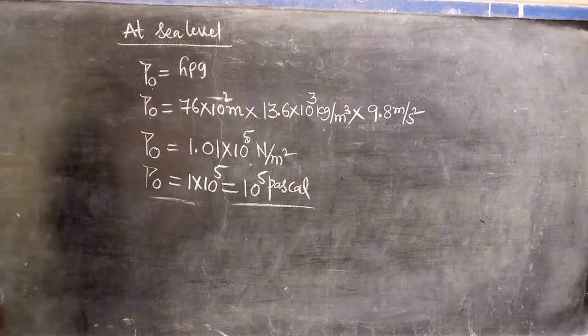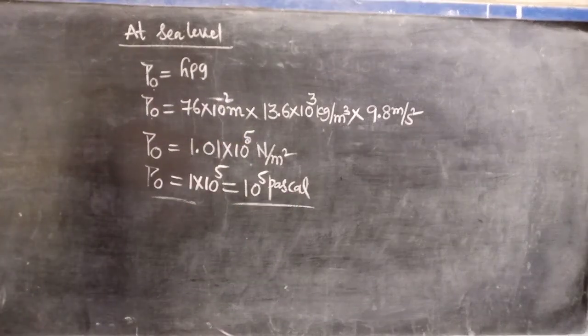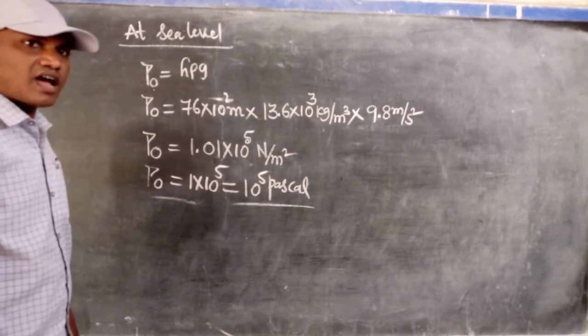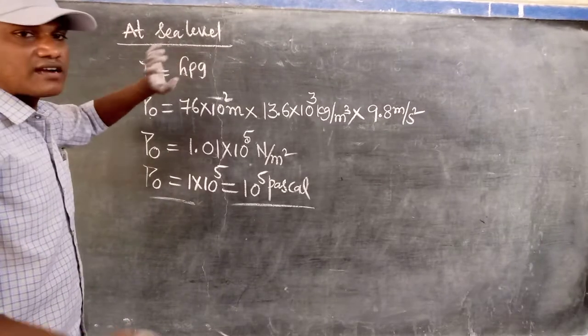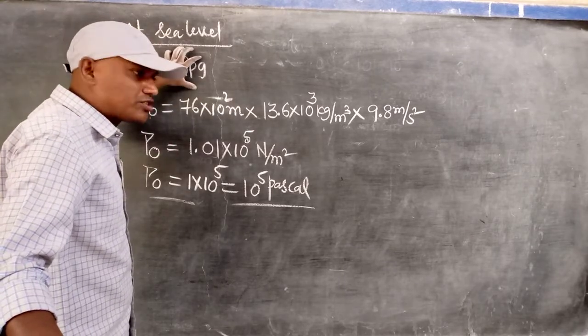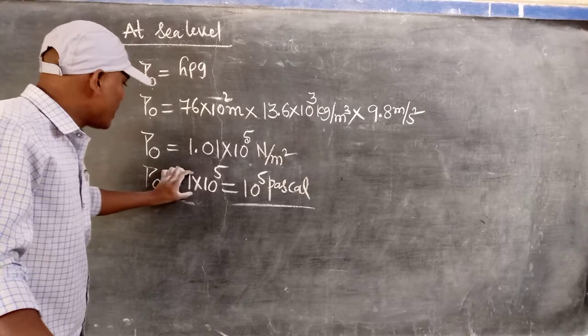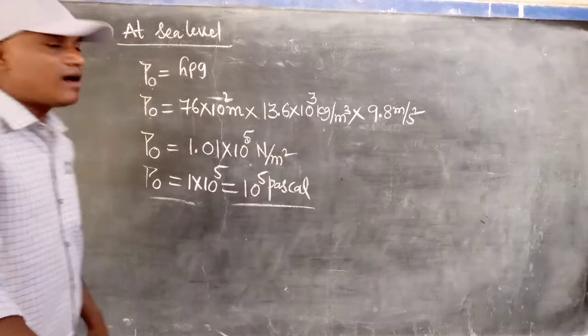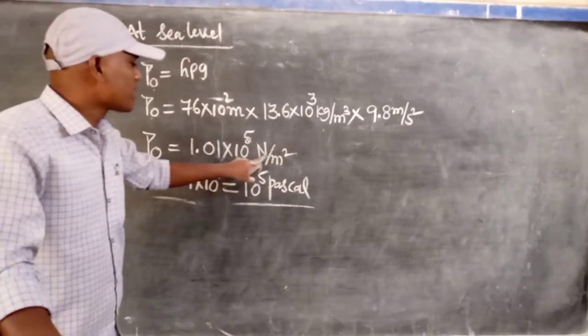So what is the value of atmospheric pressure at standard temperature and pressure, at sea level? P naught equals h rho g, which is 1 into 10 power 5, that is 10 power 5 Pascal or 10 power 5 Newton per meter square.